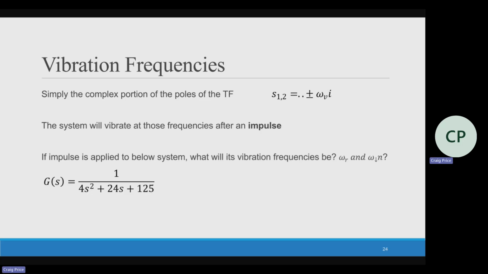We can figure out some of the properties of that shield by hitting it with a bullet. That's an impulse. Bang. It vibrates. That's the vibration frequency. So this is the frequency that vibrates after an impulse. Let me give you another example. I just came across this a few years ago, and I think it's a great example.